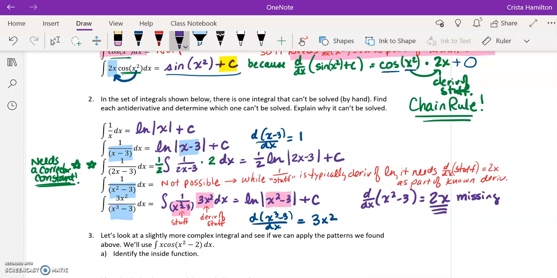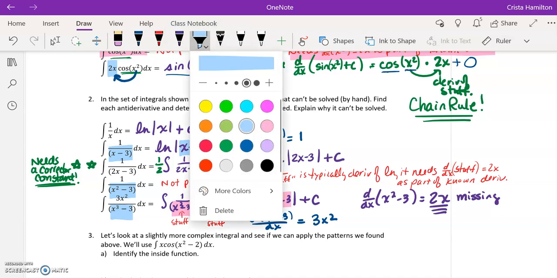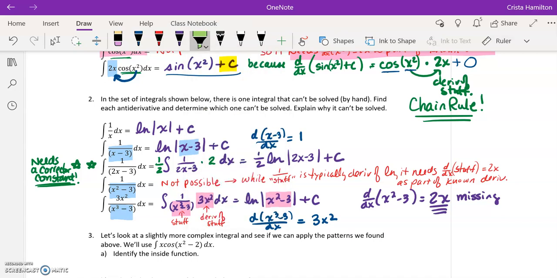All right, but now let's look at the one that I have in green here, because that one is something that you might have originally said, hey, I can't do that one. It's missing the stuff. Well, there's a caveat to this derivative of the stuff that we're looking for. Remember that constants can move in and out of integrands, because the constant is kind of like a rider and it doesn't really affect anything.